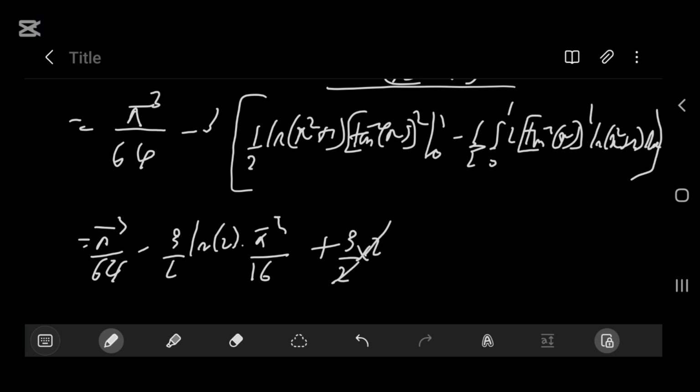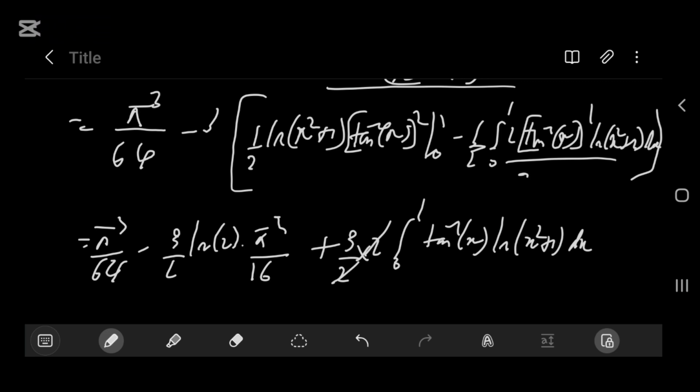So let me write that: 2 times the integral from 0 to 1 of tan inverse of x times ln(x squared plus 1) dx. And I forgot to differentiate the tan inverse of x, so we'll get x squared plus 1 here as well. So what we'll have here is x squared plus 1 dx.